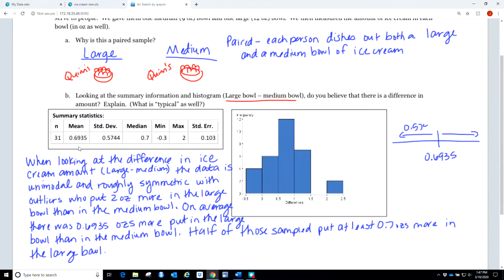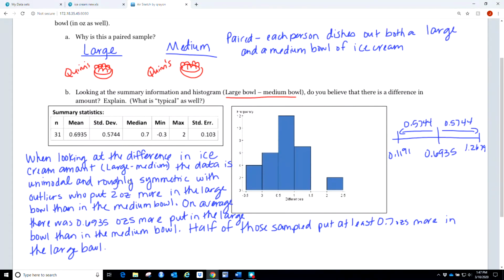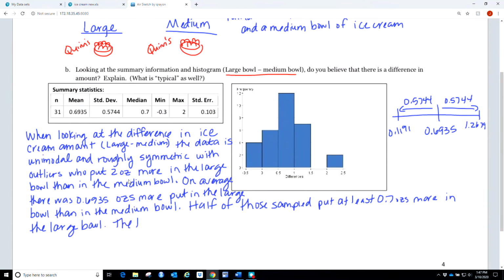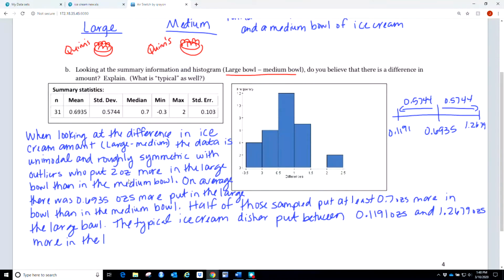We go out 1 standard deviation in both directions and get, so then I can say that our typical ice cream disher put between 0.1191 ounces and 1.2679 ounces more in the large bowl than in the medium bowl.